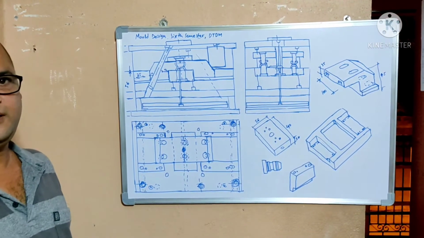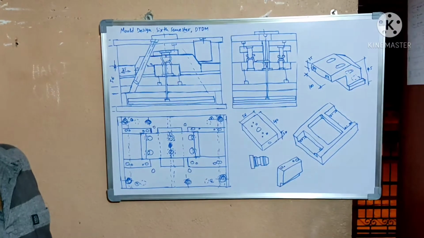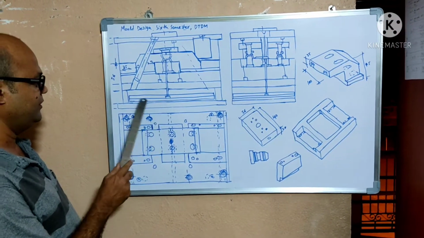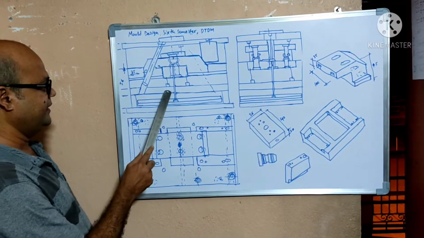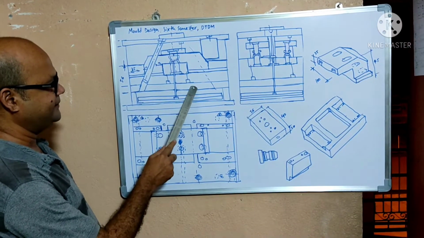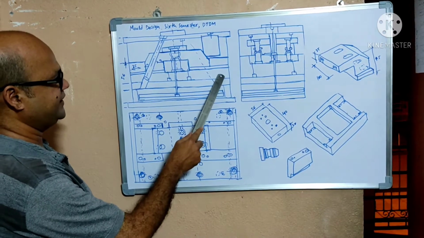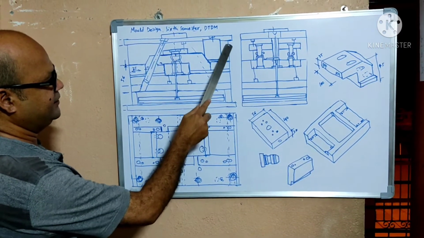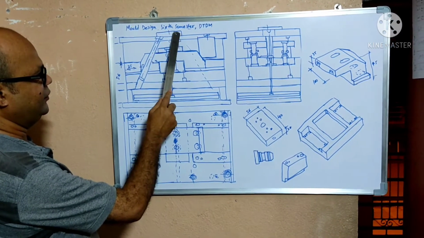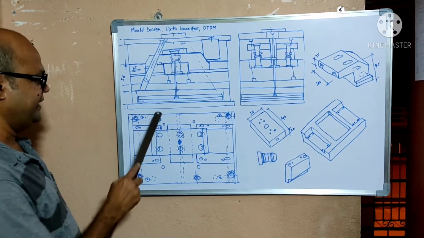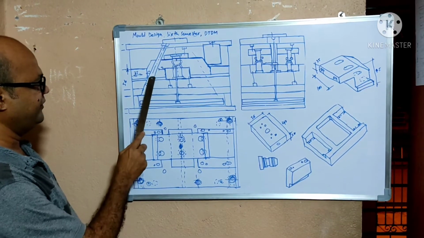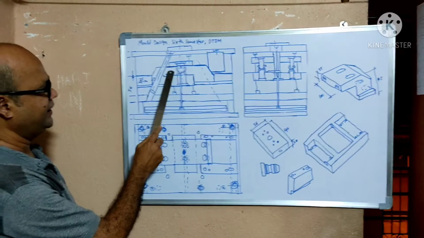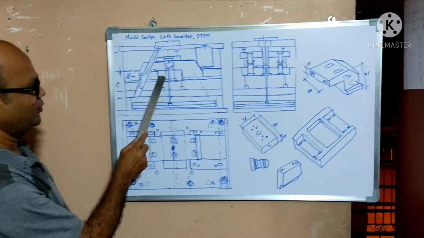Again I am reminding you: this is the bottom plate of the tool, spacer, core back plate, core housing, then cavity housing, top plate, locating ring, ejector assembly, finger cam, split cavities 1 and 2, and core insert.